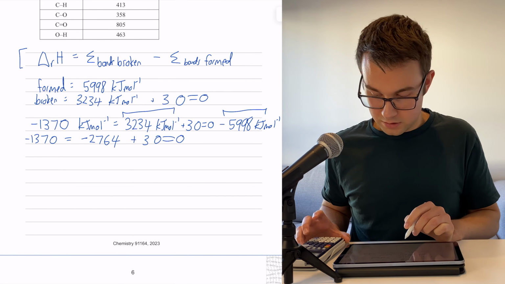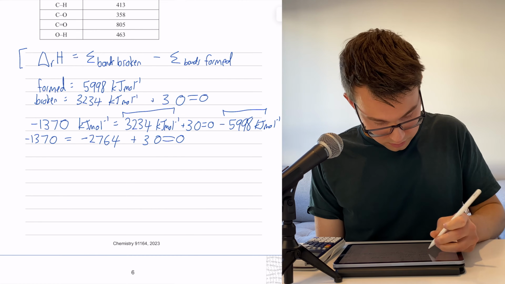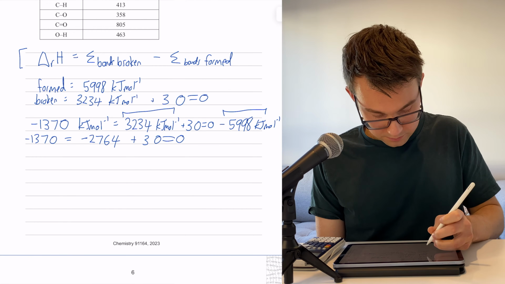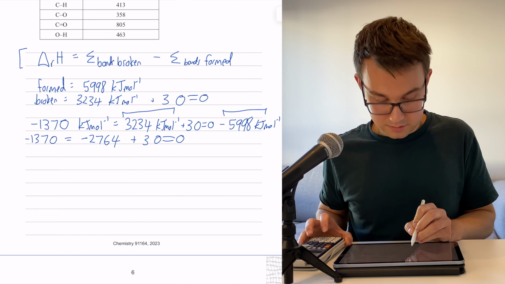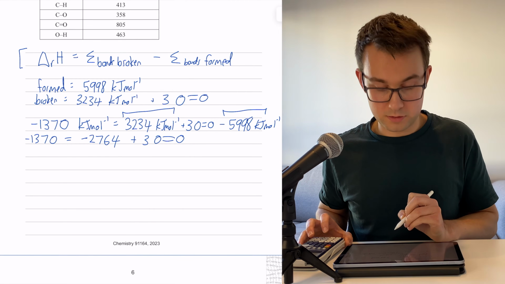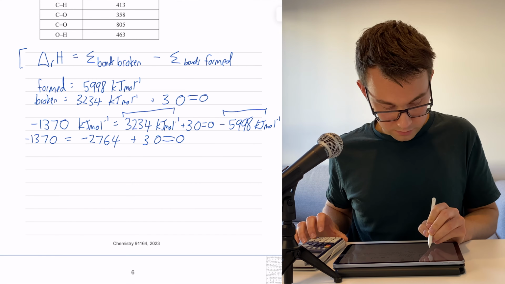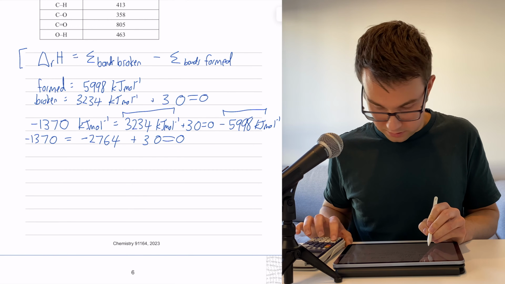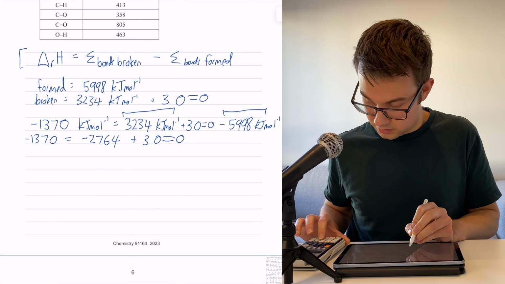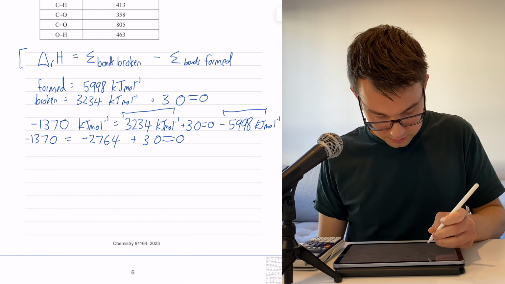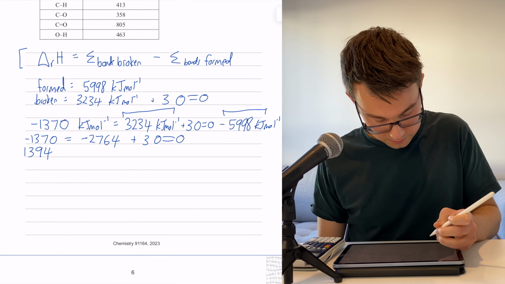Very good. And now what we can do is get the numbers over onto this side over here. So we can go plus 2764 onto both sides. If we start off with negative 1370 and you plus 2764, this side becomes 1394.